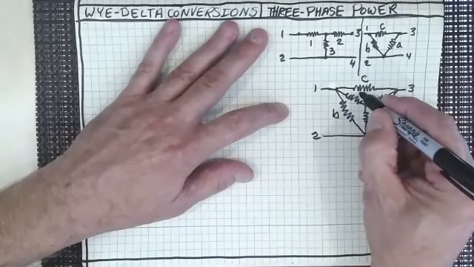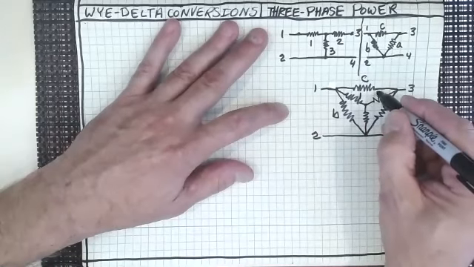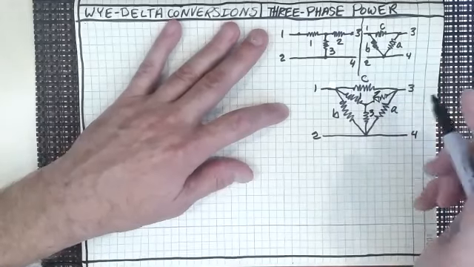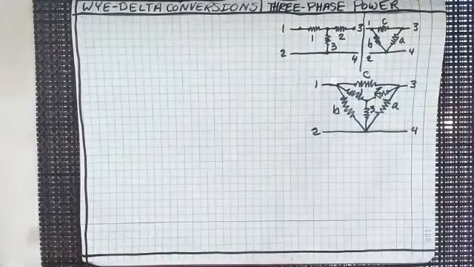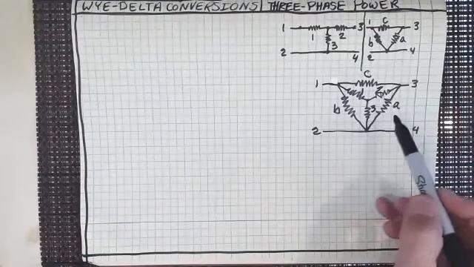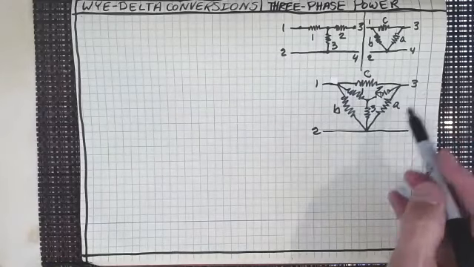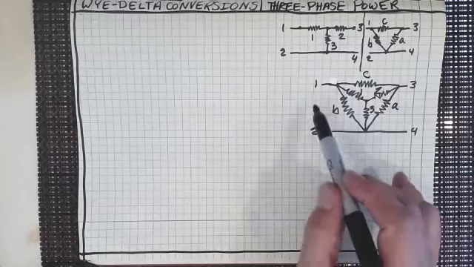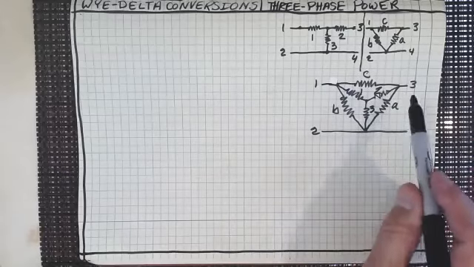It's a pretty standard convention of numbering and working with delta to Y and Y to delta conversions. And that's the reason I put that there, because this is sort of, God, what is the word? The mnemonic? I don't know. It's a figure that helps us.